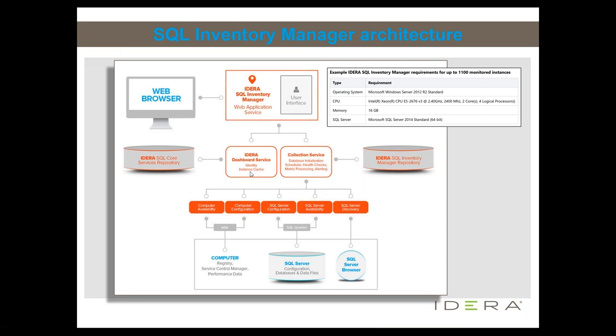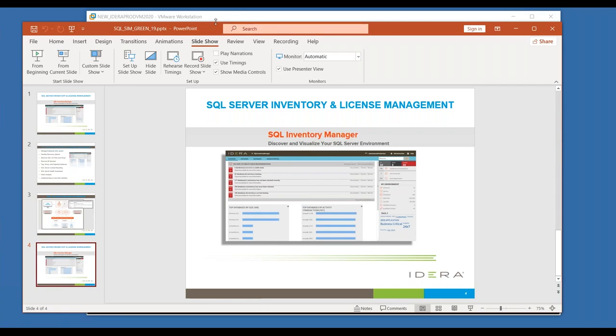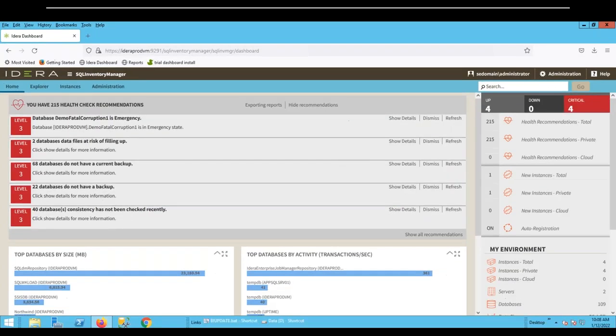Also, going hand in hand with that, there's information around transactions per second through queries to the SQL Server to pull that type of information. But basically, the bottom represents different ways that we do the discovery and then connect to the instances. And that information is then stored in the SQL Inventory Manager repository. Okay, so with that, let's just jump over to the interface and look at it.